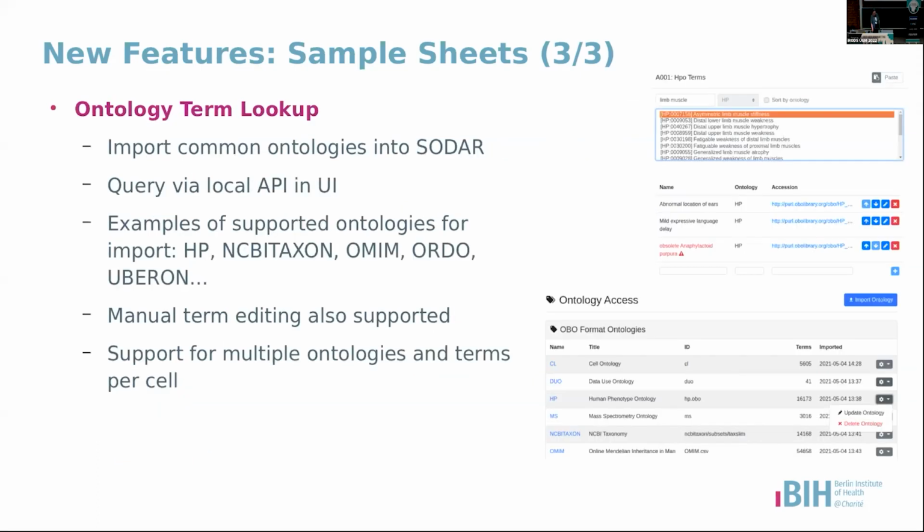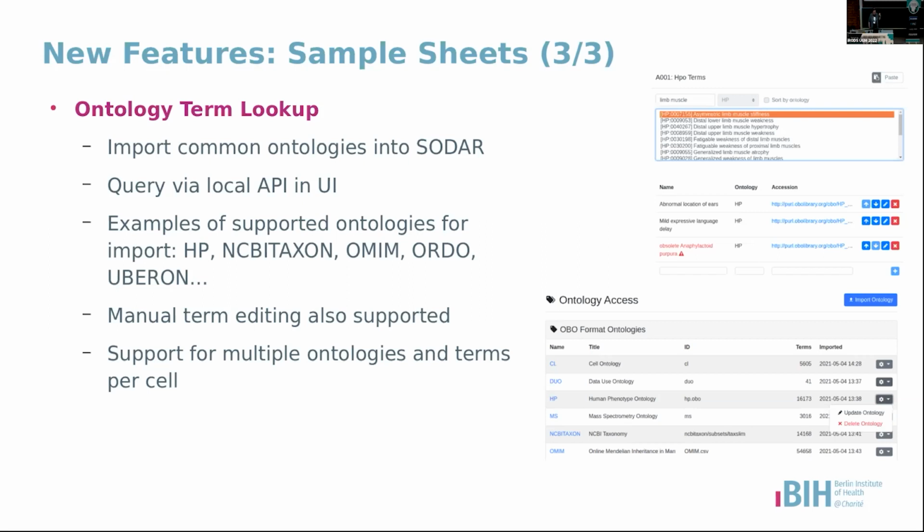Something about the ontology term lookup: we wanted to not rely on a bunch of APIs which might be reachable or not, or might be slow or fast. So you can import a whole bunch of common ontologies into your SODAR instance and query via local API in the UI to get fast responses and find those terms to annotate your samples or your sources.